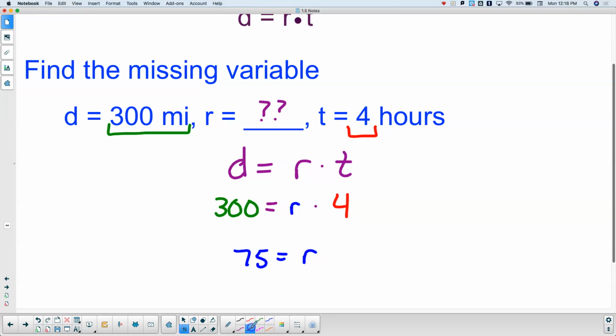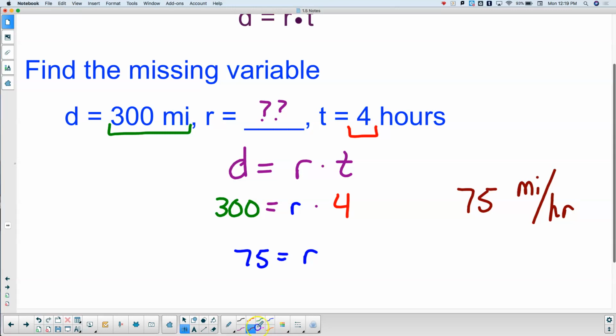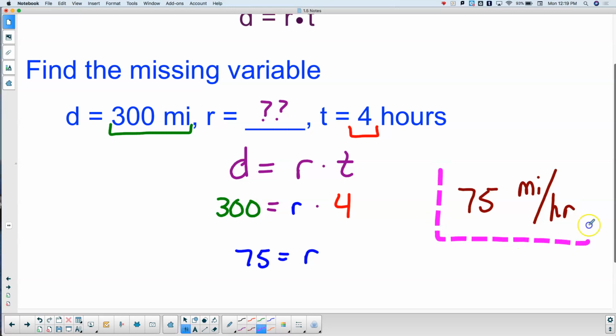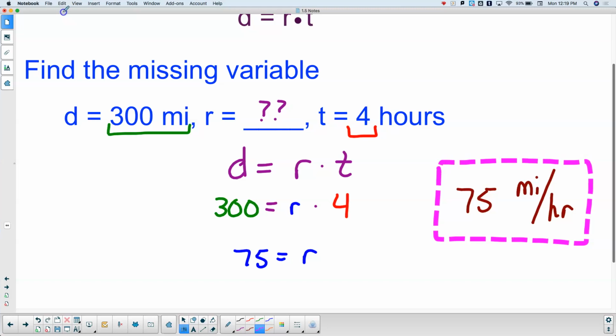So my answer here would be 75 miles per hour, since that is the two units that we're dealing with, or mph, miles per hour, would be our answer on this one.